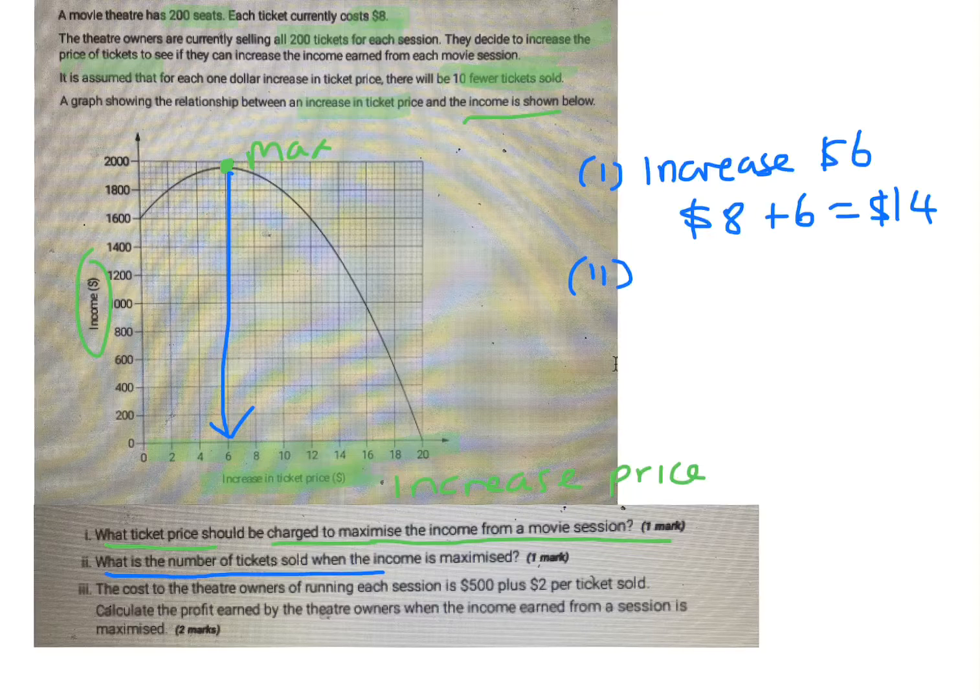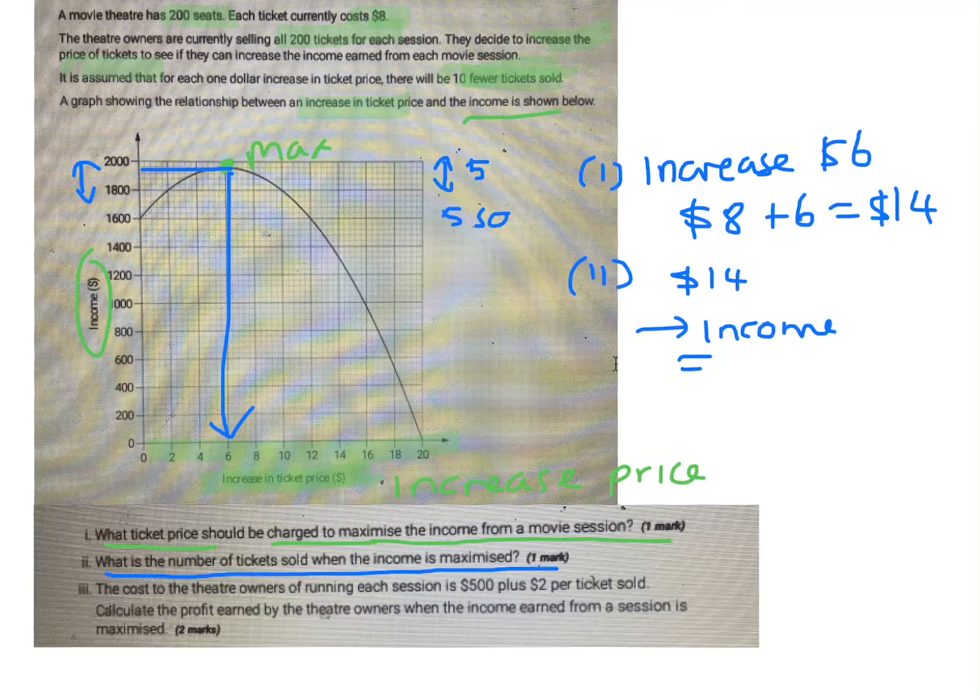What is the number of tickets sold when the income is maximized? If you charge $14, you're going to get an income, so what is that number there? These squares, there are 5 squares there. If you look at the difference between the 2,000 and the 800, 5 squares will equal 200.